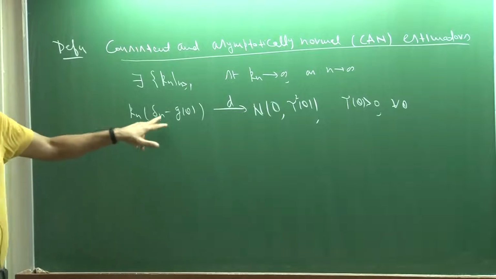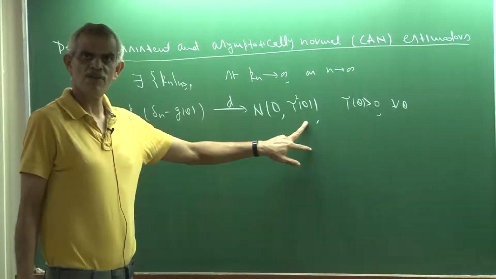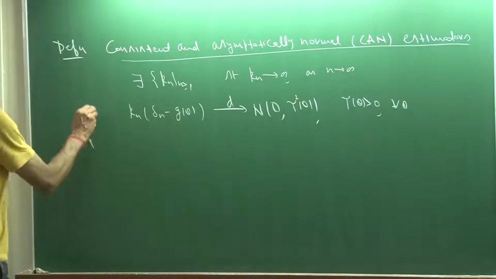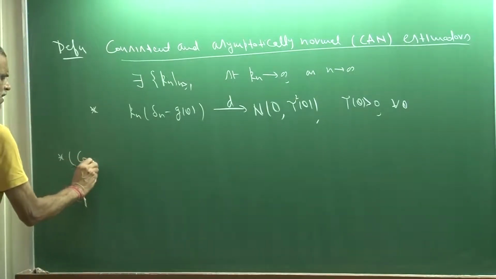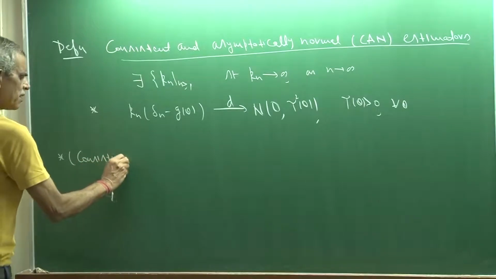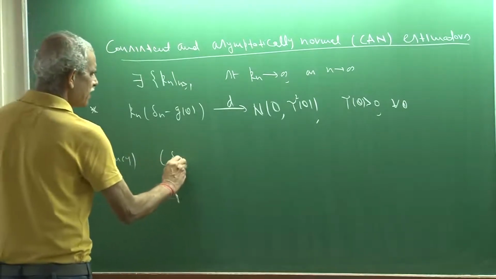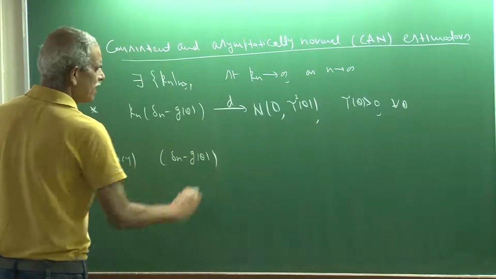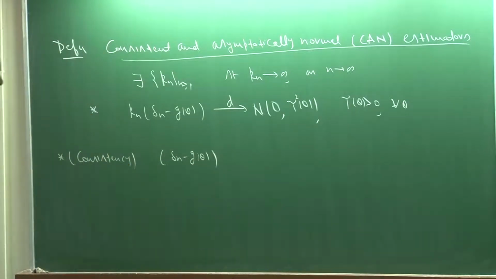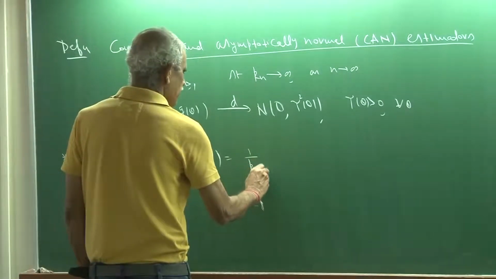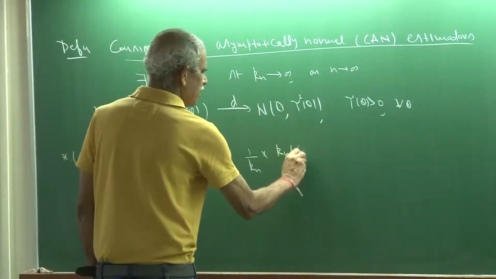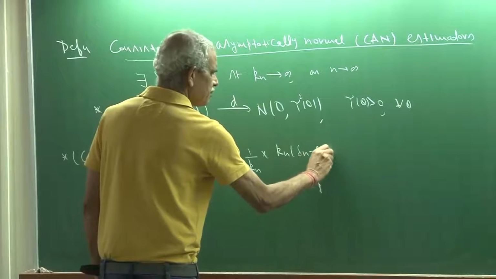Such estimators are called consistent and asymptotically normal. Now, clearly, such estimators are asymptotically normal. Why are they consistent? Why does the star condition imply consistency? Because to show that delta n minus g theta converges in probability to 0, I can write it as 1 upon kn into kn times delta n minus g theta.